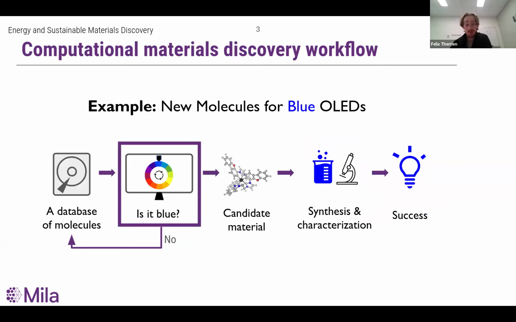So a long time ago now, people started thinking, okay, can we accelerate this process using a computer? In this paradigm, the goal is still to discover, in this example, blue OLEDs, but instead you start from a database of existing molecules or materials, and then you use a theoretical model to predict this property, and then you go through the database and you see if you can find materials that have the property you want, and then you identify the ones that you think are going to be blue, and then you realize those in the lab.